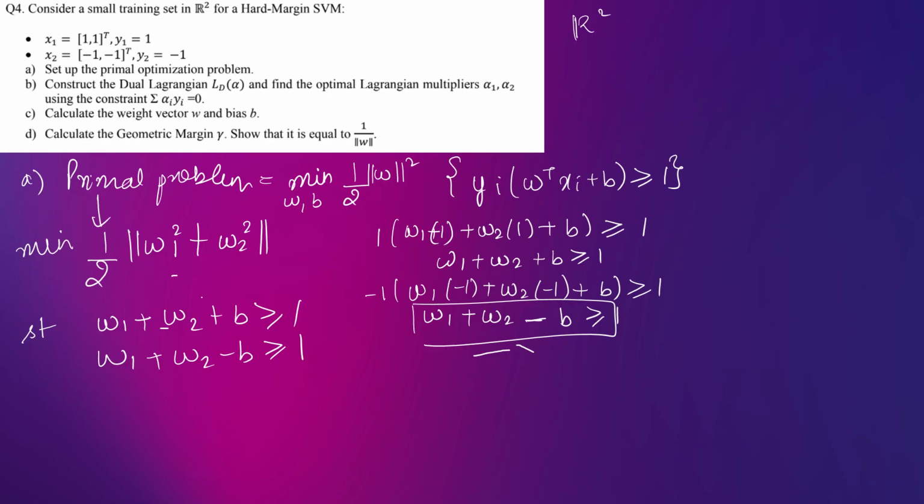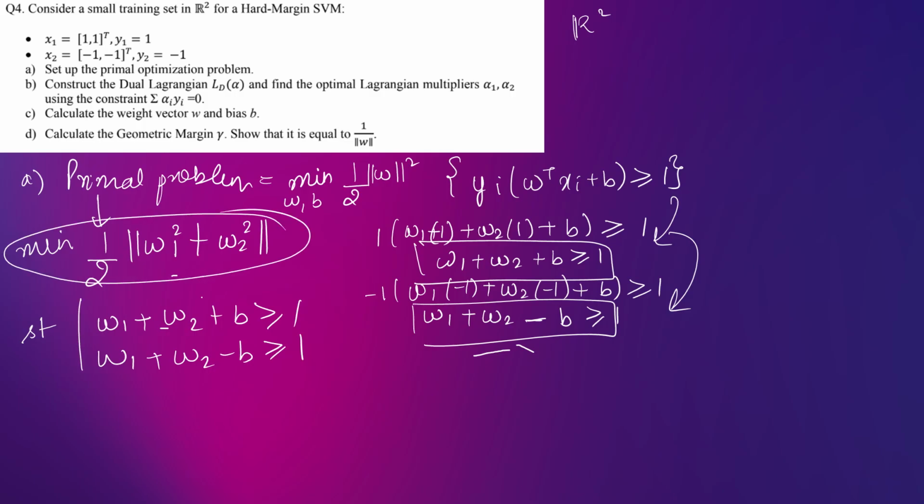This is all. You had to first fulfill these conditions by putting the values of x1 and y1, x2 and y2. Then use the primal problem formula, that is this formula with respect to these conditions.